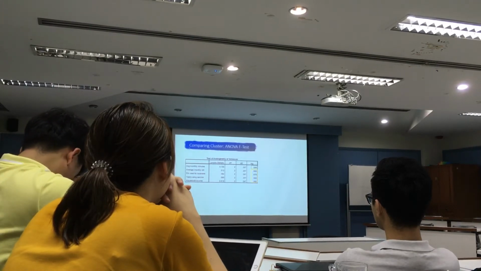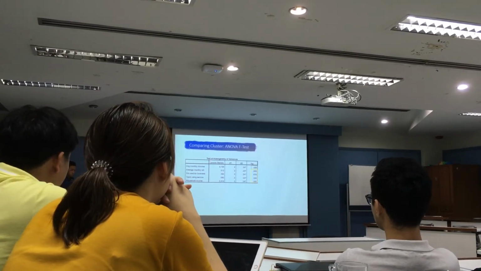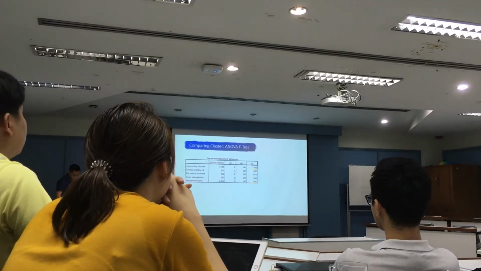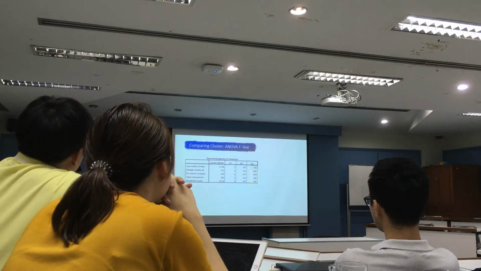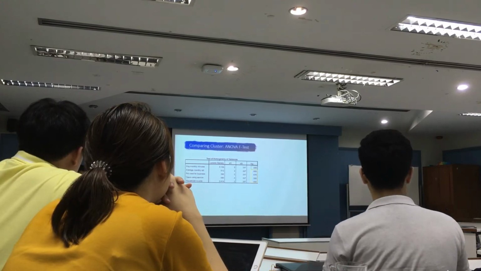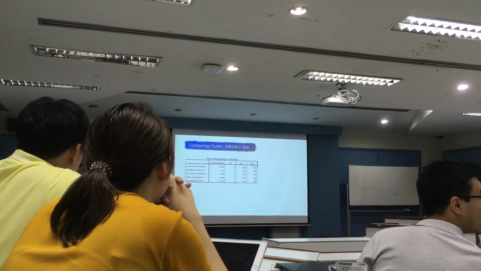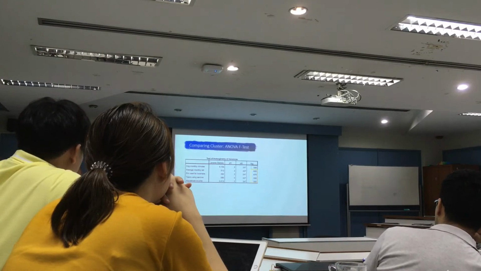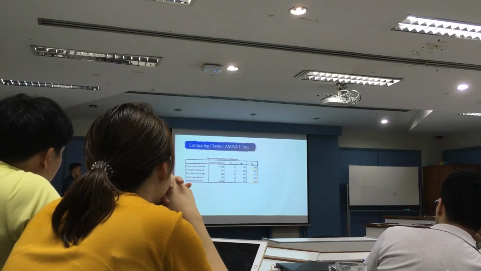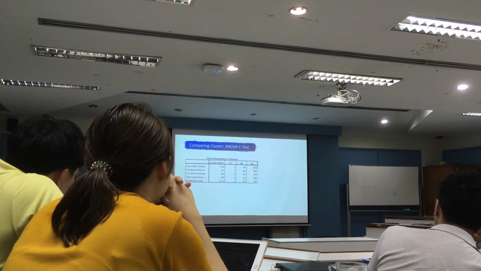This means that the variances among the clusters are not equal at the significance level of 5%, and the rest of the p-values are higher than 0.05. So this means that the variances among clusters are equal at the significance level of 5%. So from this result, we know that we need to use the Welch test for the first row, average monthly minutes, and for the rest we can use the one-way ANOVA F-test.